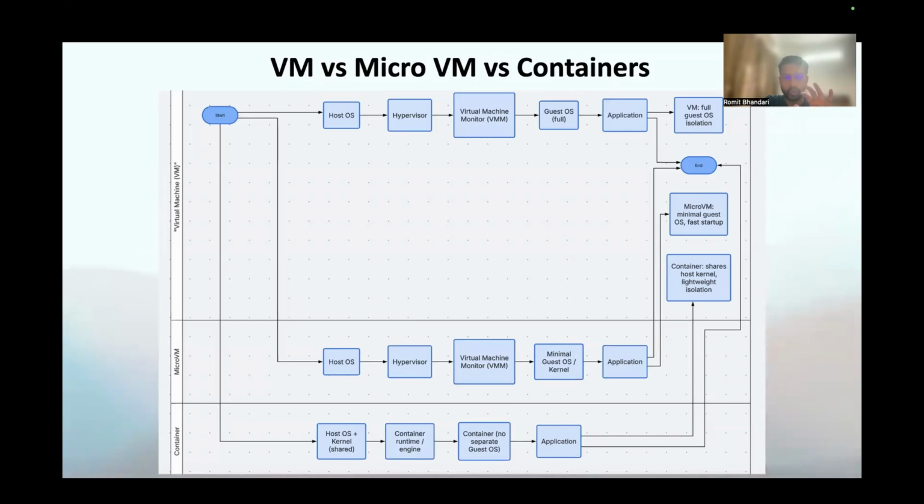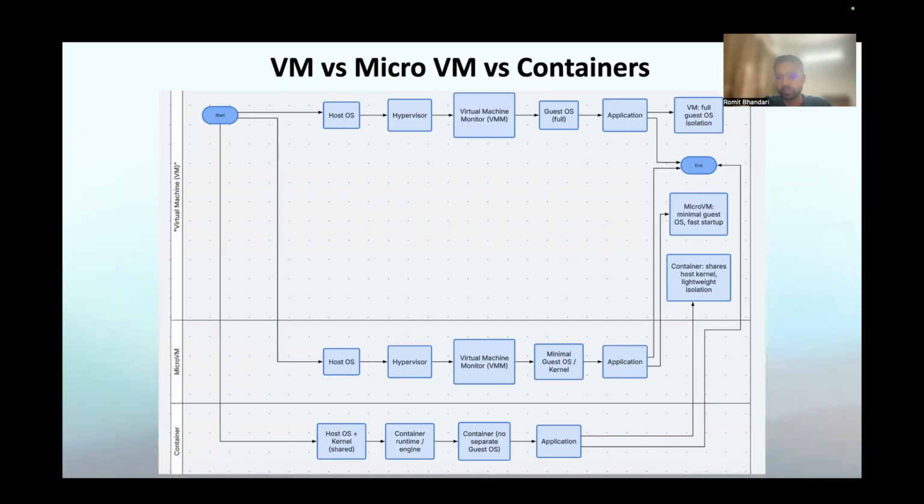As I already mentioned, EC2 runs on virtual machines. A virtual machine is more of a heavy setup. It will have a host OS, hypervisor, virtual machine monitor, and then multiple guest OSs can be there for each of the different VMs running on a single hardware.